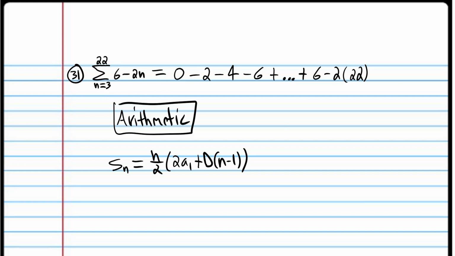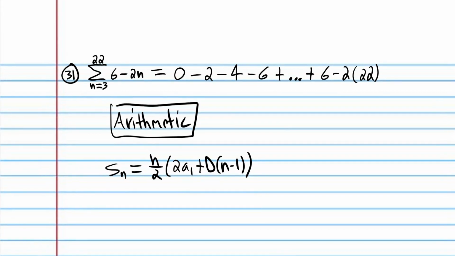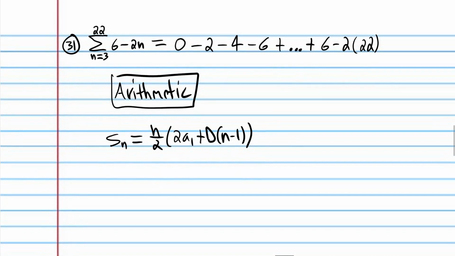The problem is n is not equal to 1. N is equal to 3. So instead of there being 22 terms, there's going to be 20 terms, again, with 0 as the first term. So we're adding up 20 terms. The first term is 0. The common difference is -2.